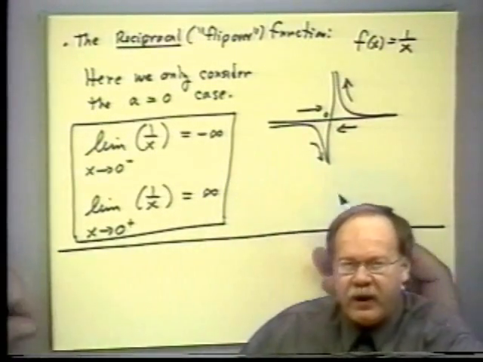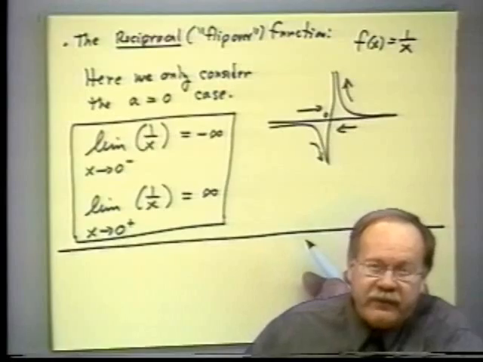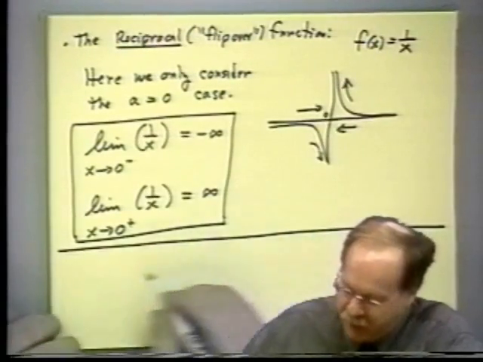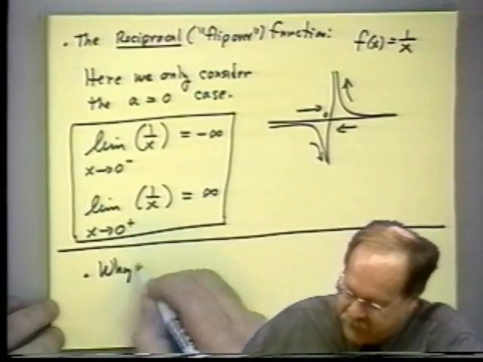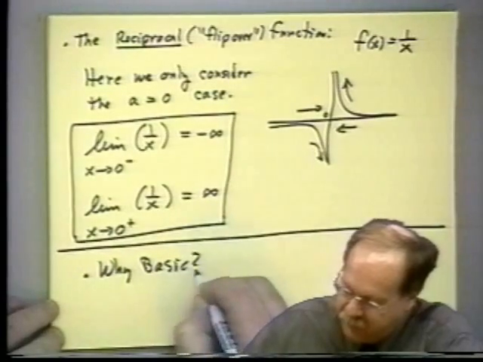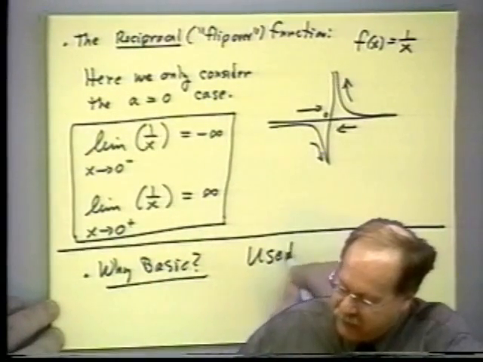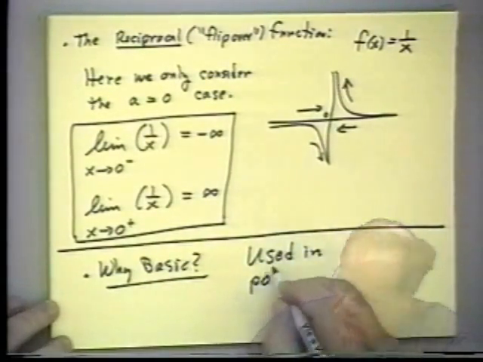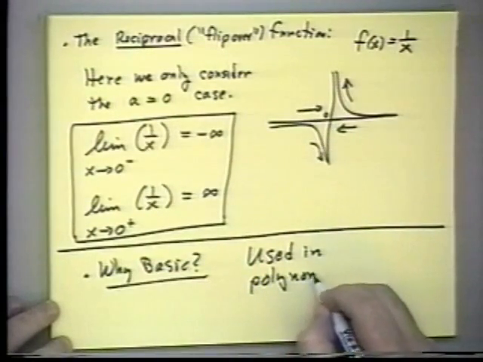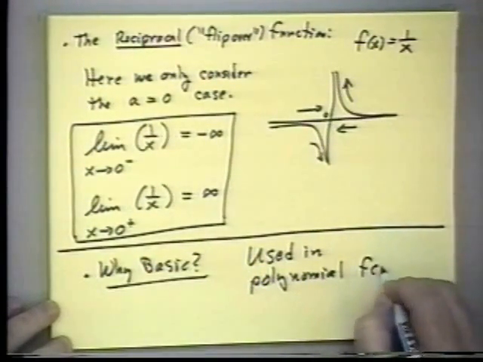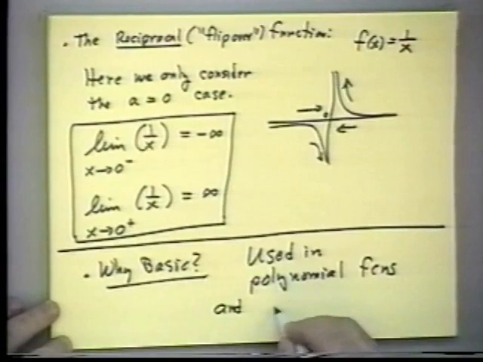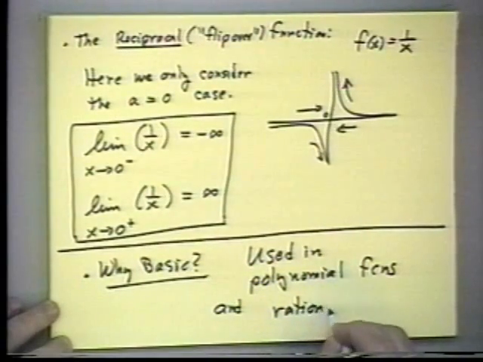Now why were these three limits called basic limits, apart from the fact that they seem to be very simple? Why basic? They are used in some very familiar functions that we're going to be looking at. Polynomial functions and rational functions.